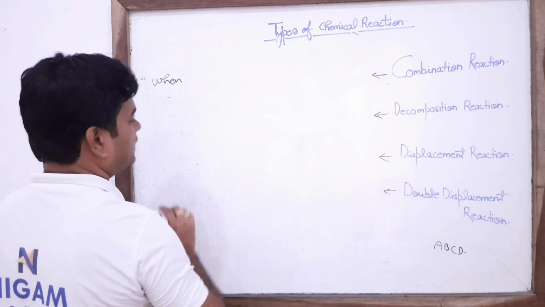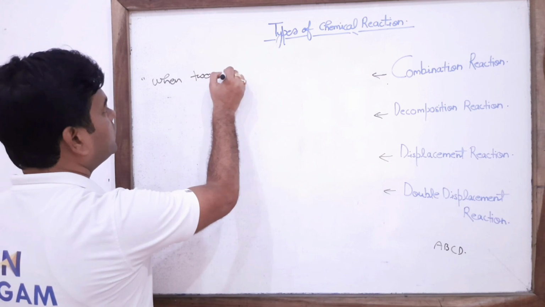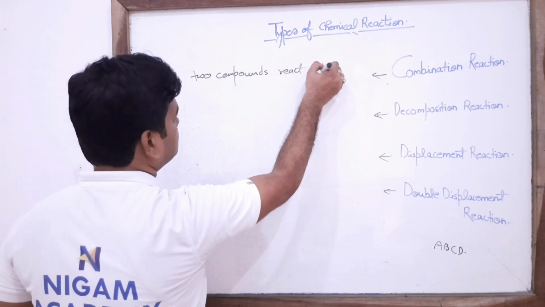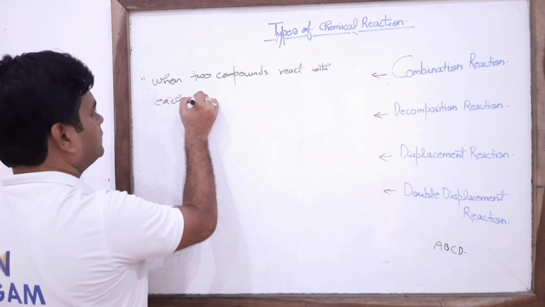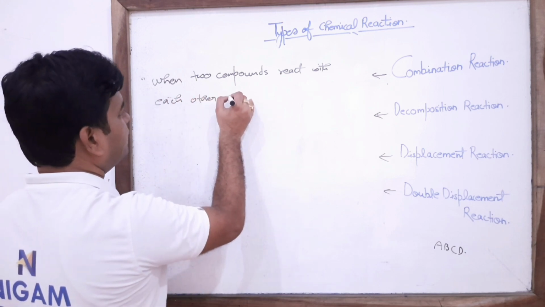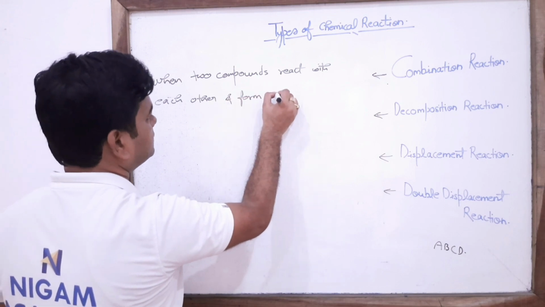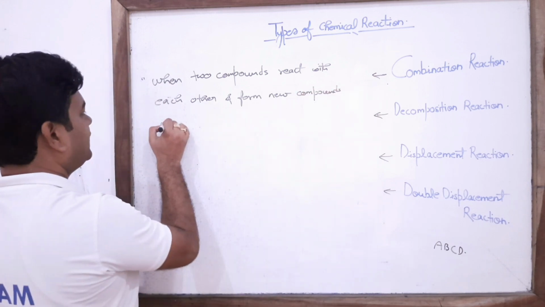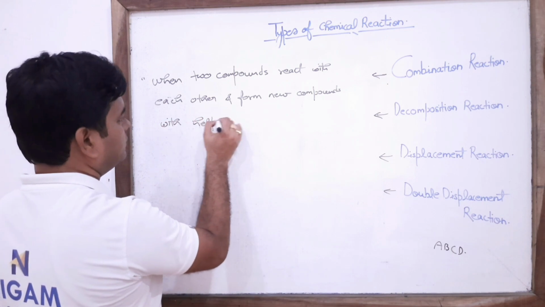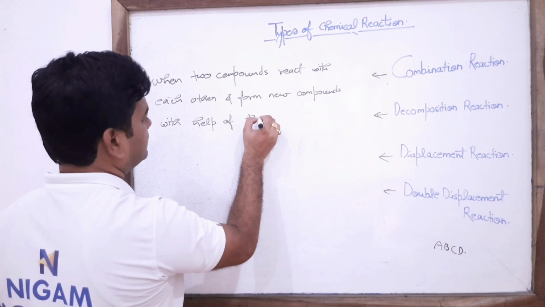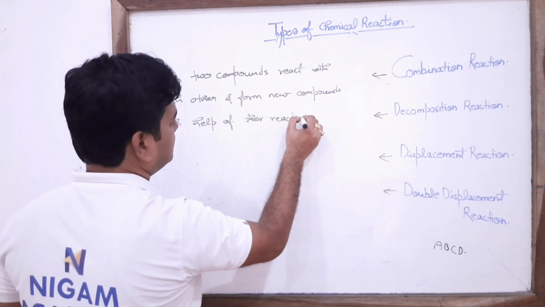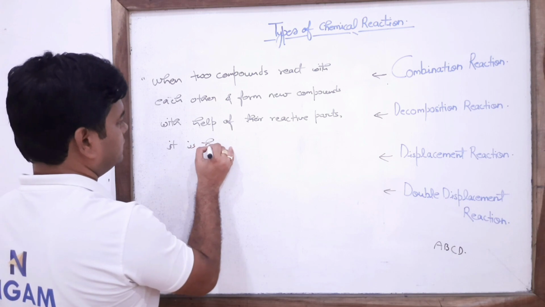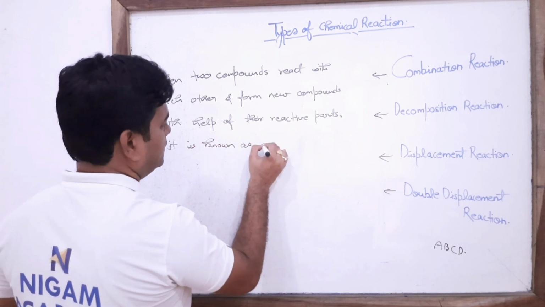When this is about double displacement reaction, when two compounds react with each other, and form new compounds, with help of their reactive parts, it is known as double displacement reaction.